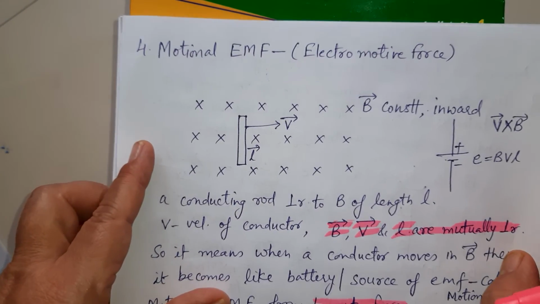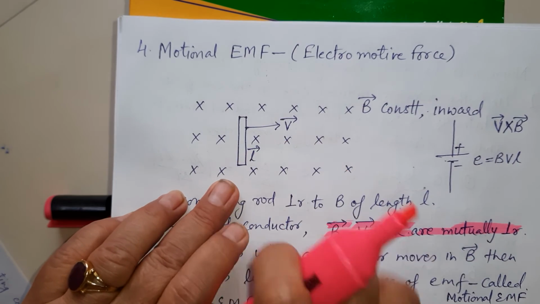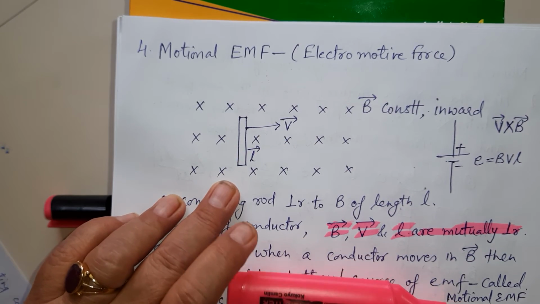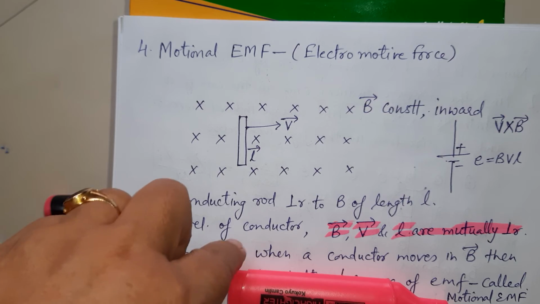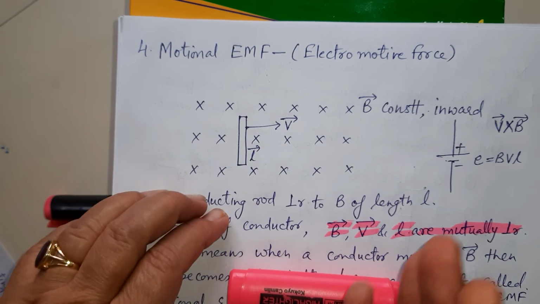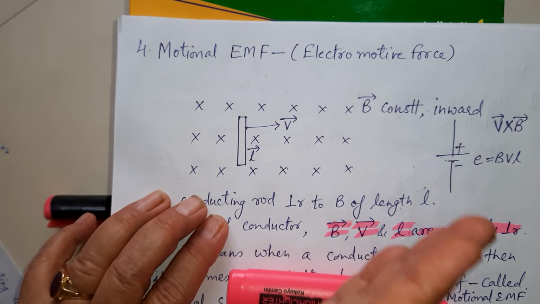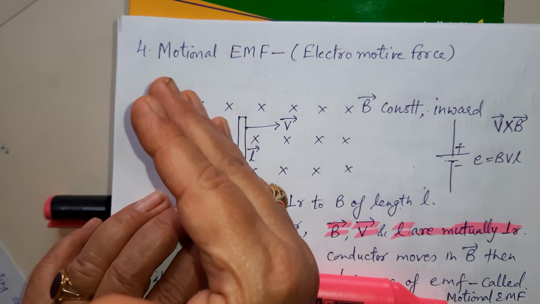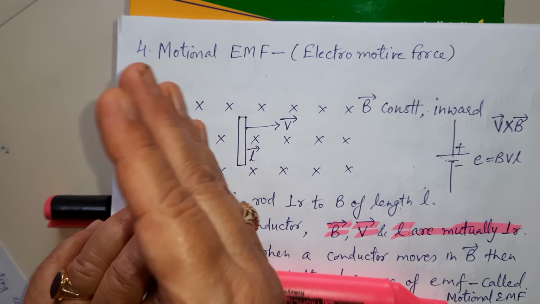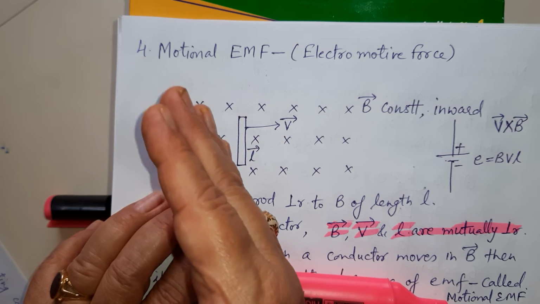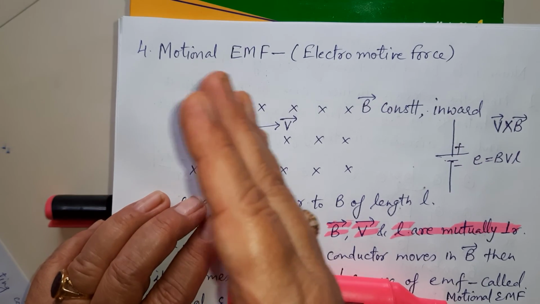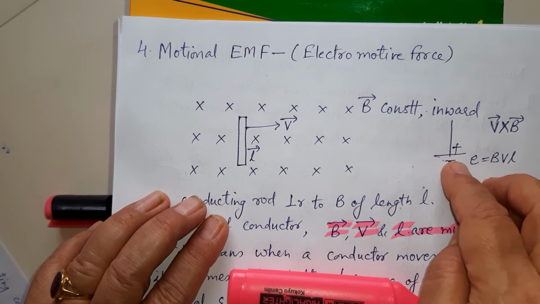Now in this case, V is this side and B is inside. So V cross B means like this. This is V, this is B. V cross B means the upper side is positive.